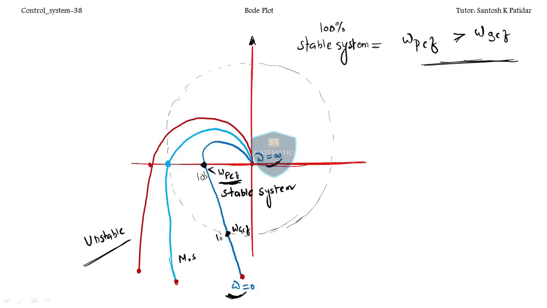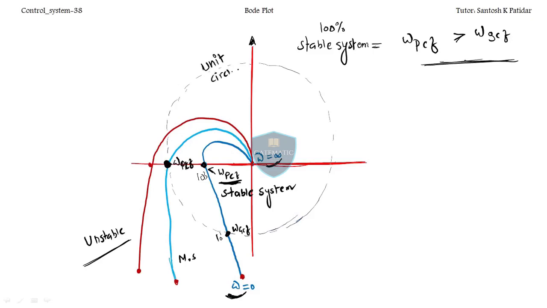Okay, now let's come over here. Where is the omega PCF? Omega PCF is the frequency at which the plot of the system intersects minus 180 degrees. So this is omega PCF. Where is the omega GCF? And remember, this is the unit circle, okay?